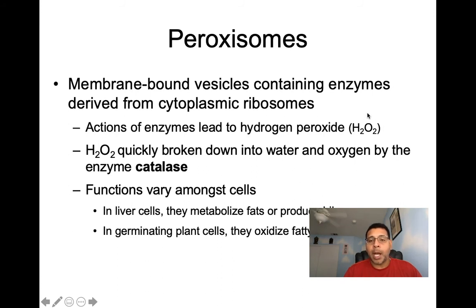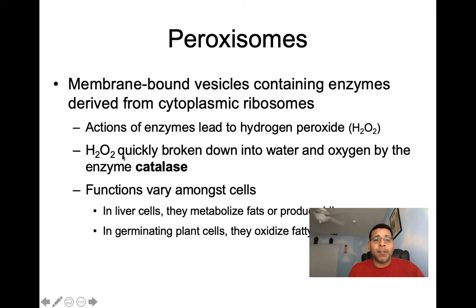That's why we don't put hydrogen peroxide on our cuts and wounds. Because it is toxic to the cells, hydrogen peroxide quickly gets broken down into water and oxygen thanks to the enzyme catalase.